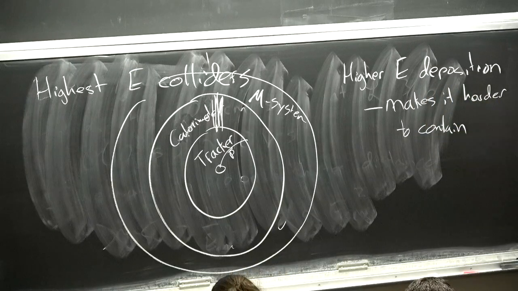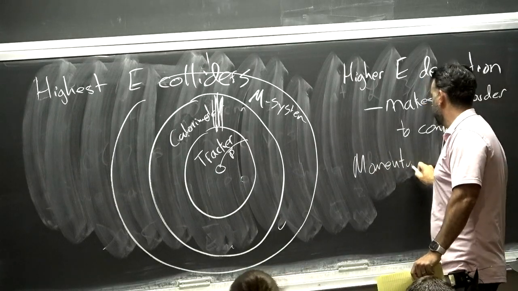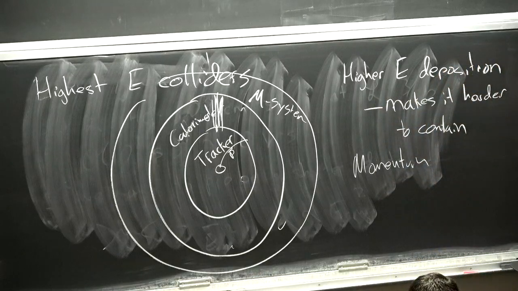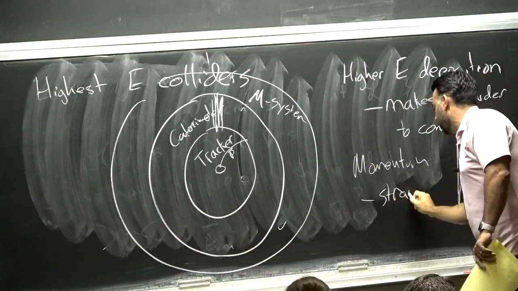The other side of this is if I want to measure the momentum of charged particles, okay? If now instead of having TeV particles coming out, I have 10 TeV particles coming out, these things in the same magnetic field are going to become straighter and straighter and straighter. And how I actually get the momentum is I measure the curvature of these tracks. So momentum measurements become very hard.